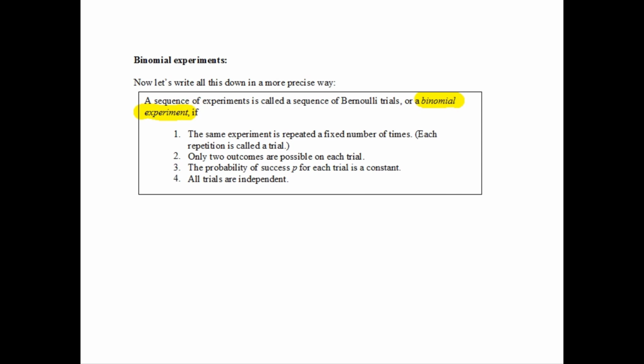The same experiment is repeated a fixed number of times, and only 2 outcomes are possible in each trial. That's what we're going to call success and failure. The probability of success on each trial is a constant. In other words, the probabilities do not change from trial to trial. All the trials are independent, and the result of one trial does not affect the next.